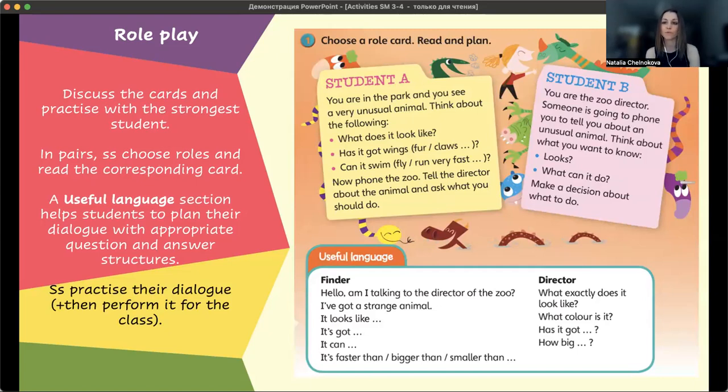So it was an on the spot activity, and this time I also used the onion rings idea, so they change roles. I don't know how, but I found this and I tried, and it worked really well, because students had an opportunity to move, and not just to sit. And yeah, it was quite interesting.